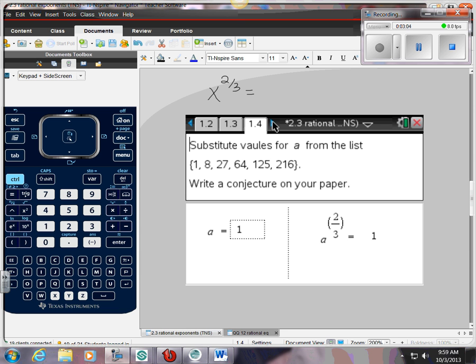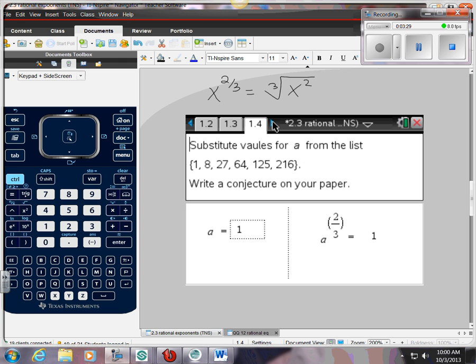So tell me what it is as a radical. Cube root of? Yeah, excellent. So you're taking the number, you're squaring it, and then taking the cube root. Take the number, square it, and then take the cube root. Okay? So x to the 2/3 is the same thing as the cube root of x squared.